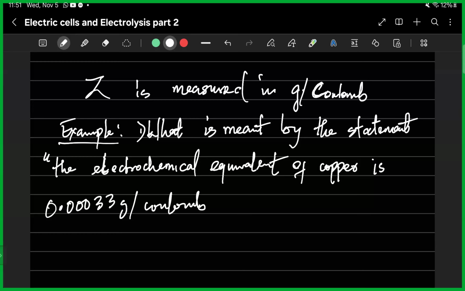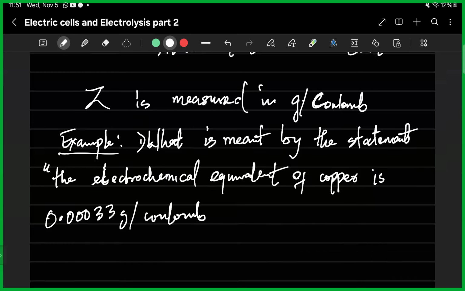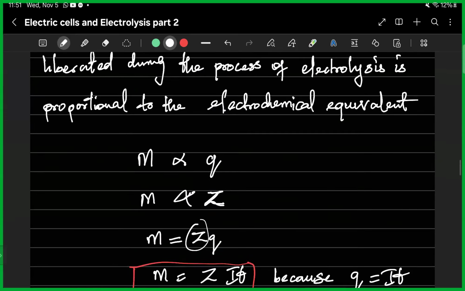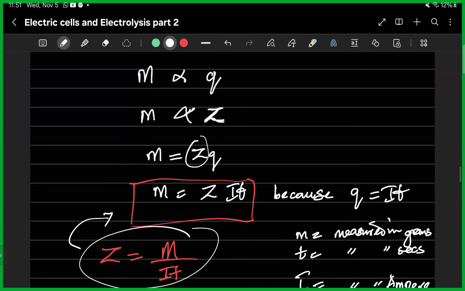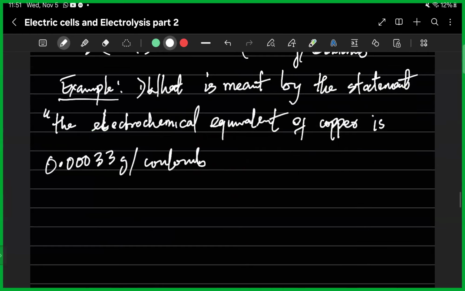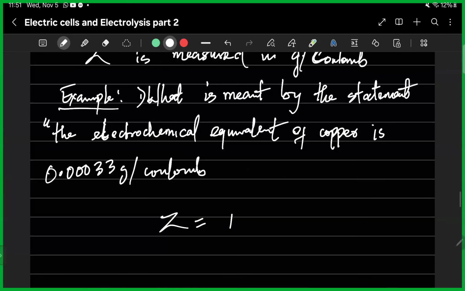All you have to do is use the law to interpret it. Electrochemical equivalent Z is equal to mass per charge.